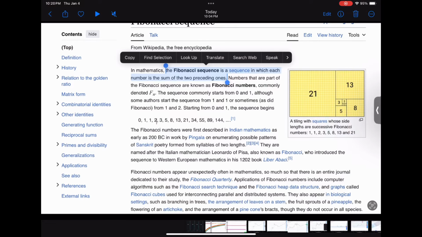If you take the 2 you have and add the previous 1, then you get 3. If you take the 3 you have and add the previous 2, you get 5, and so on and so forth. So you can actually start Fibonacci anywhere. You're just always adding 2 numbers and then getting the new one and then adding the previous number to make a new one, and that's called the Fibonacci sequence.